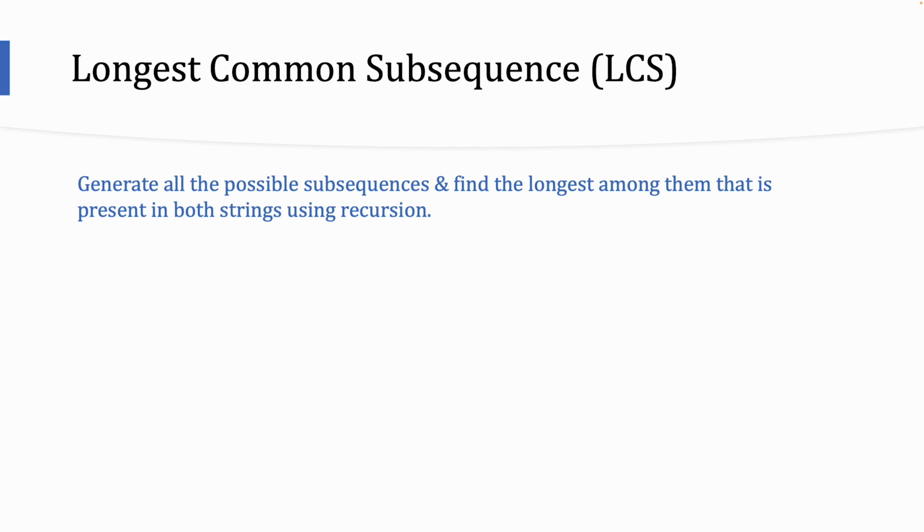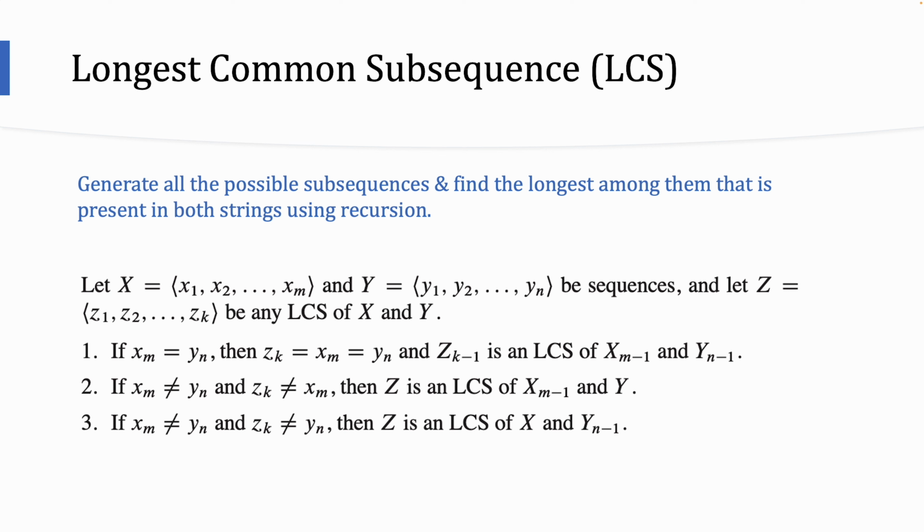Okay, so there might be a few different ways this can be done, but probably one of the most common ways of solving LCS is breaking it down into two, or I can also say three, cases. The idea here is, let's look into our two original sequences, and I'm going to call them X and Y here.